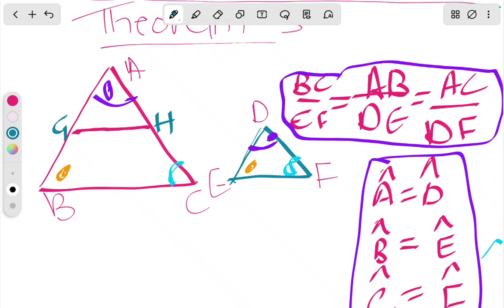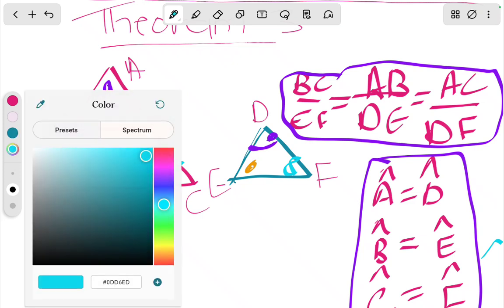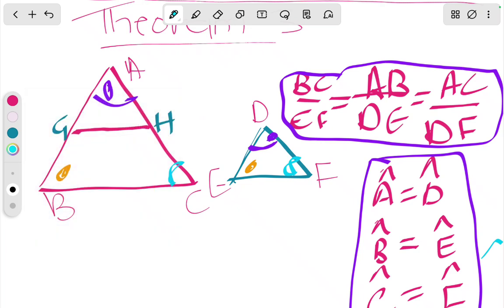Now we go to our proof. On AB, mark off AG equal to DE. On AB, we have marked off AG and DE, meaning AG and DE are the same.